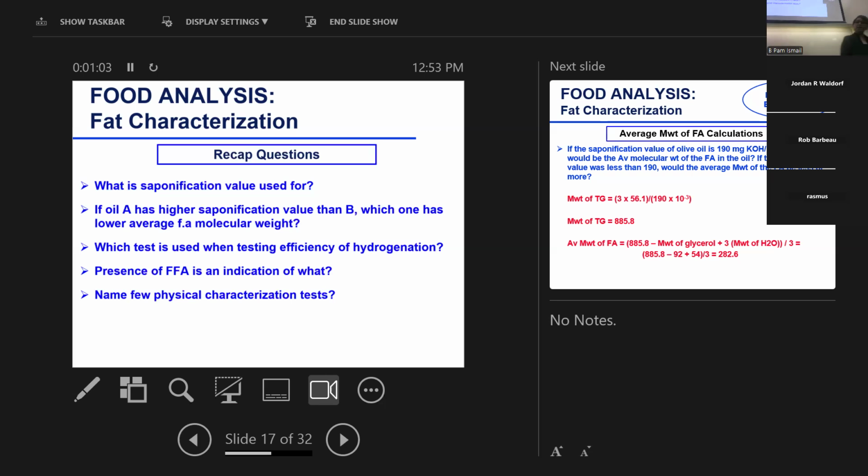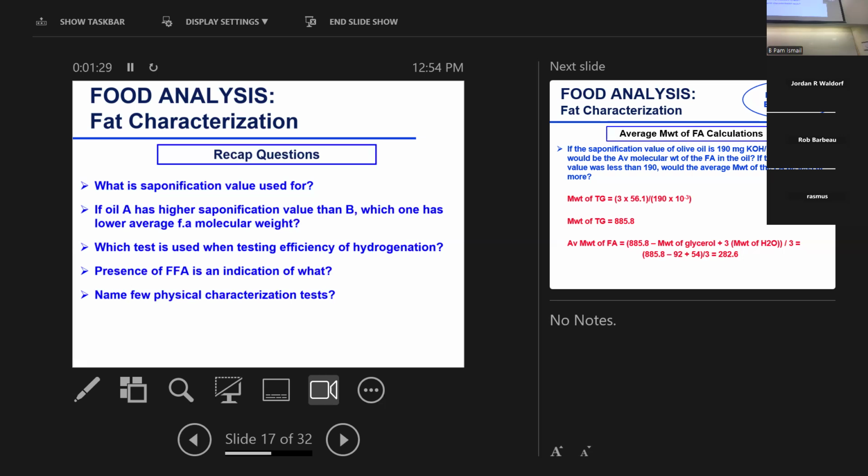But I want you to remember something. When you state the definition of saponification or iodine or peroxide later on, put the unit. So the saponification value is milligrams of potassium hydroxide that saponifies 1 gram of fat. So that is the unit.